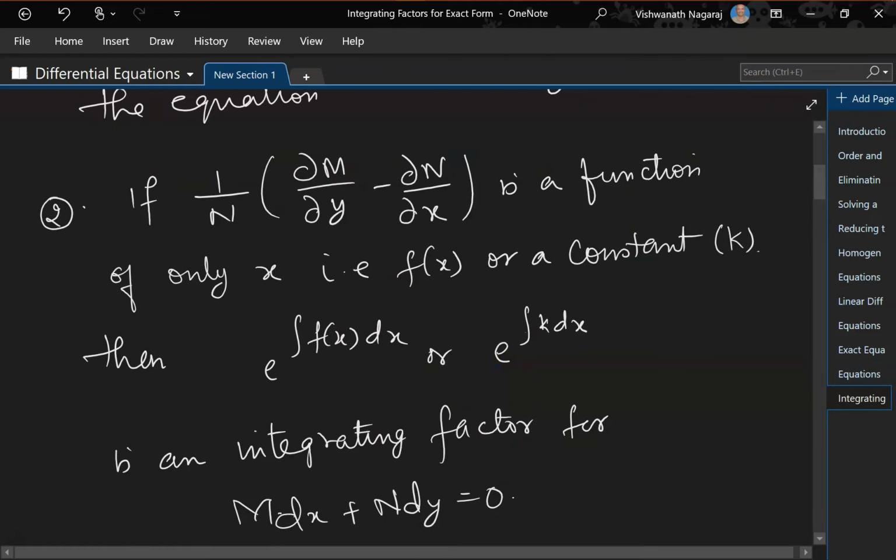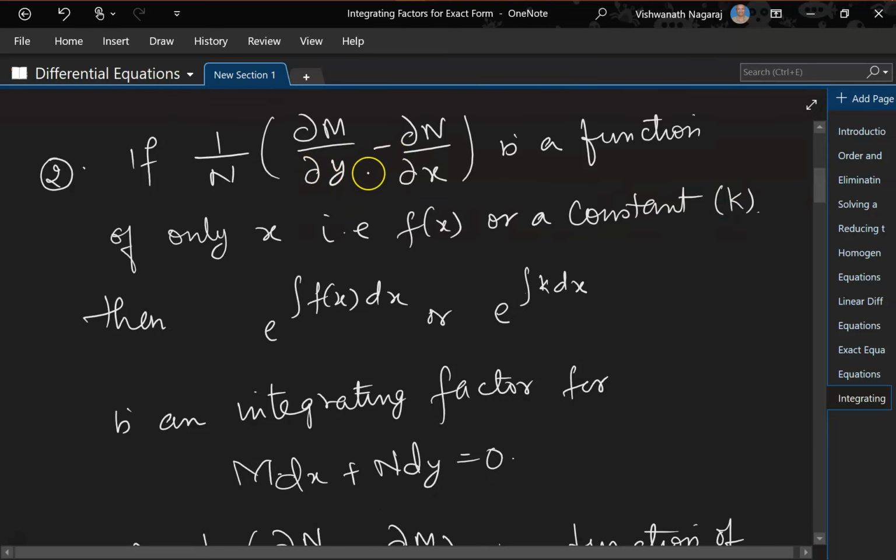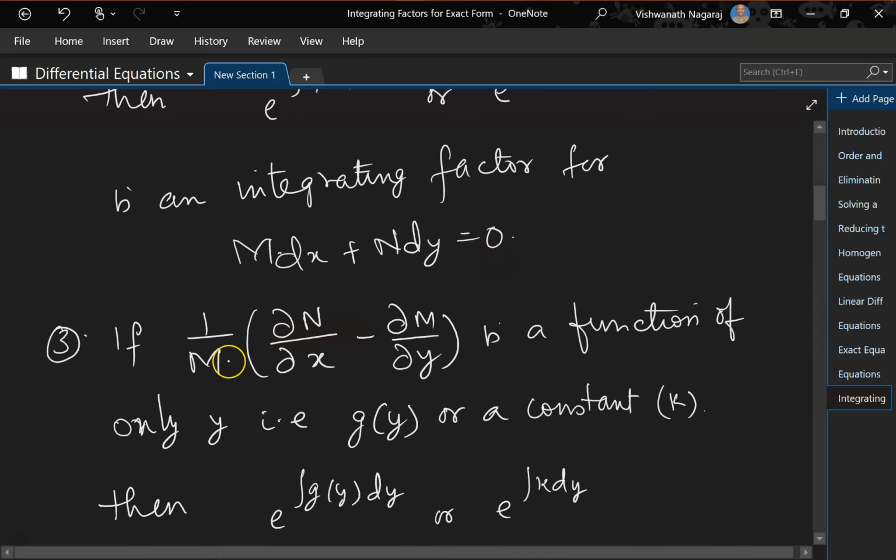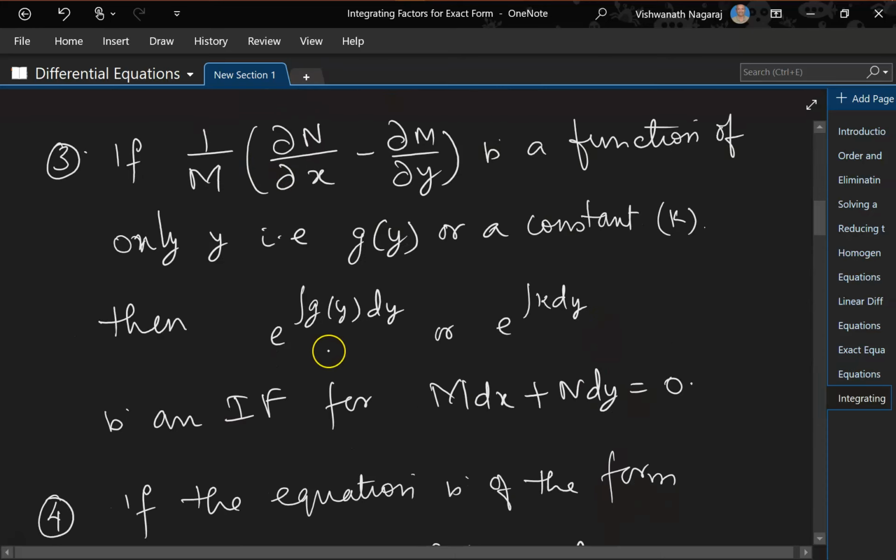If it is not homogeneous, then just try to solve this and figure out. If it gives you a function of only x, then your integrating factor will be this. If when you evaluate this, you get a function of only y, then your integrating factor would be this.